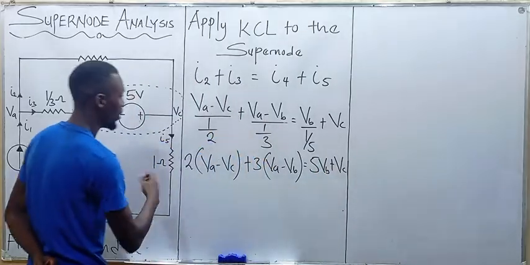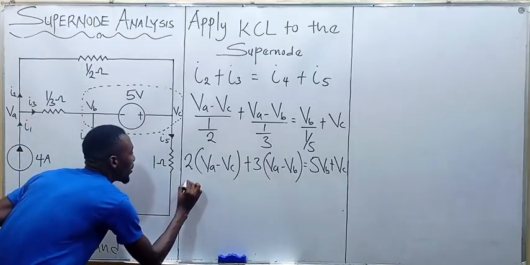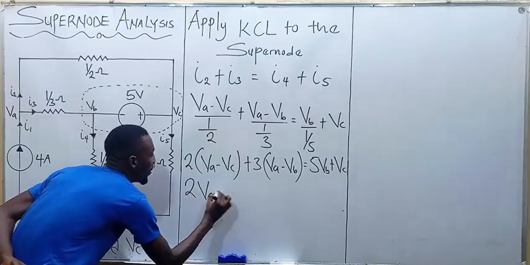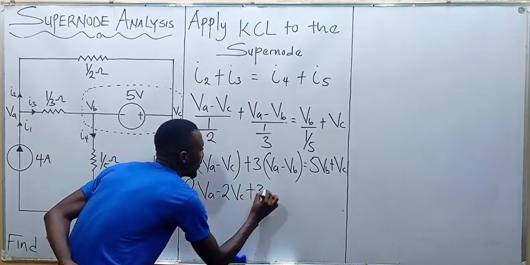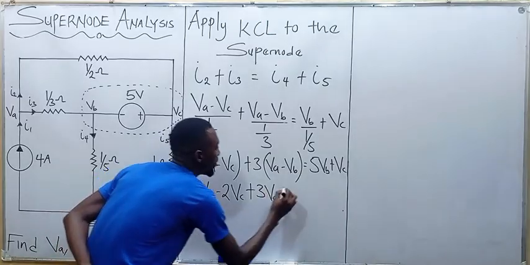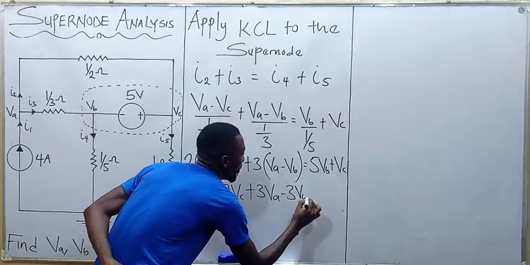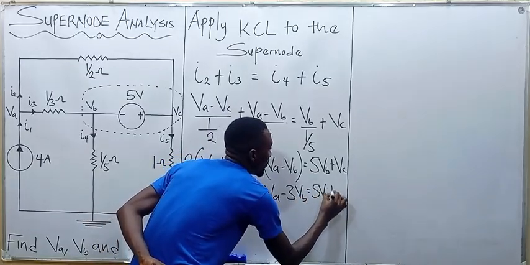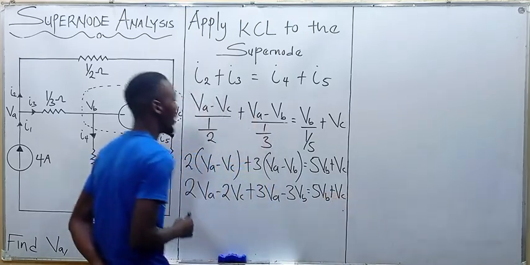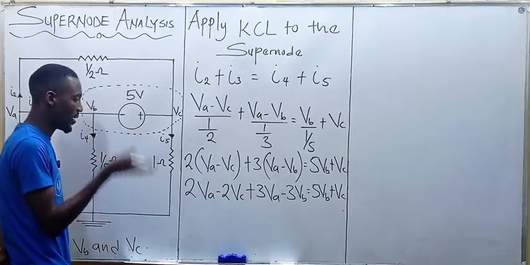If we clear the brackets, we get 2VA minus 2VC plus 3VA minus 3VB equals 5VB plus VC. Let's collect like terms.